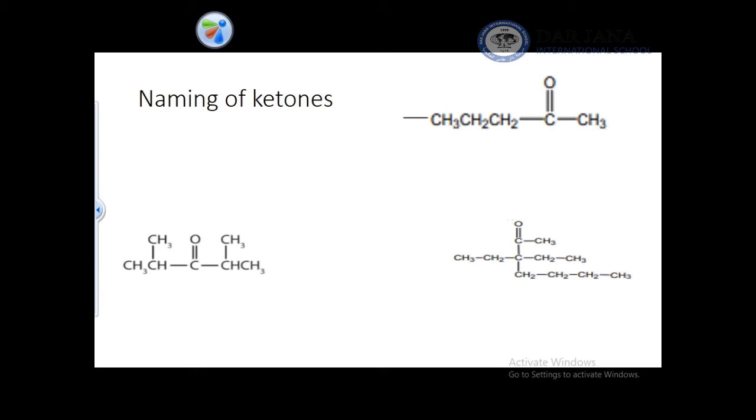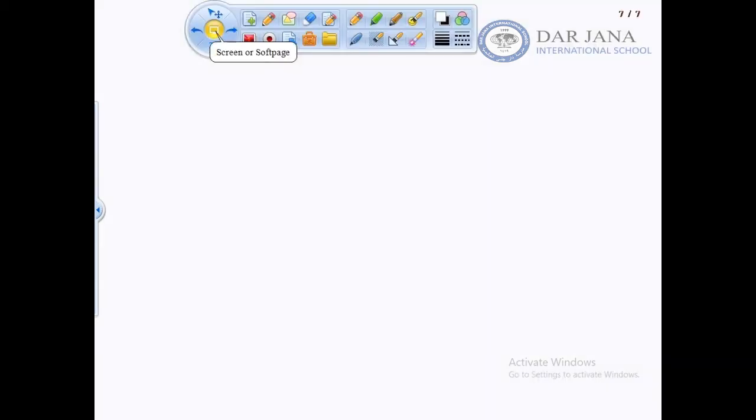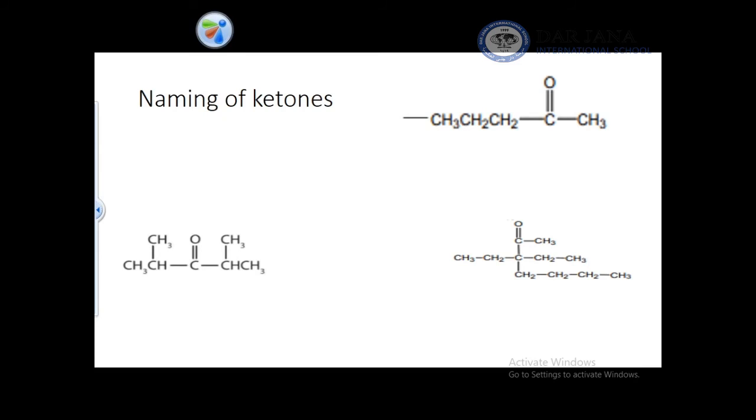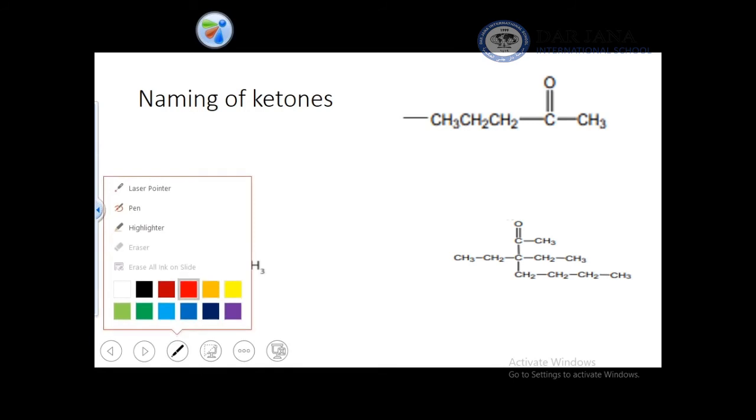But here you have to number the chain starting with the end closest to the ketone group. Plus, you have to drop the E from the parent alkane and replace it with the suffix ONE. Let's see how I will do this.